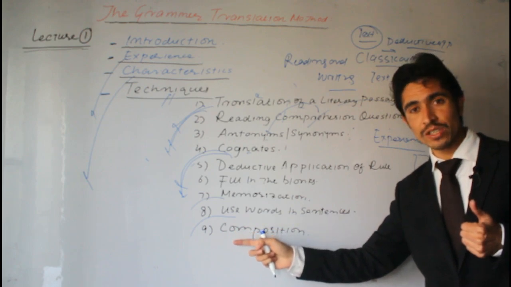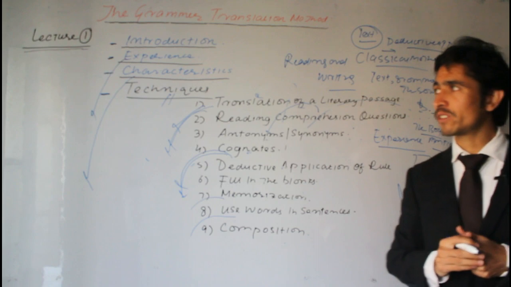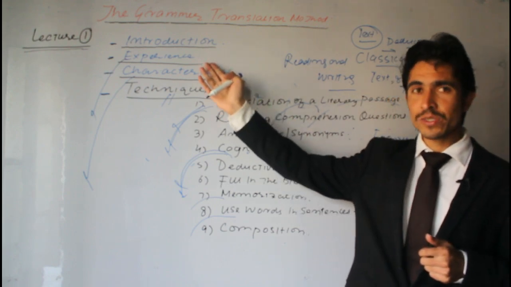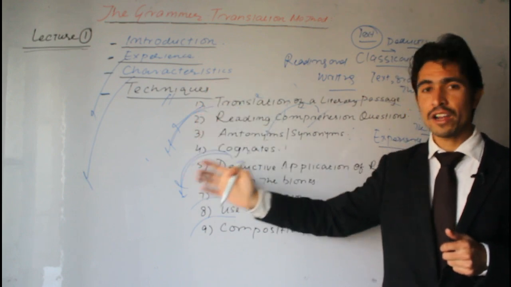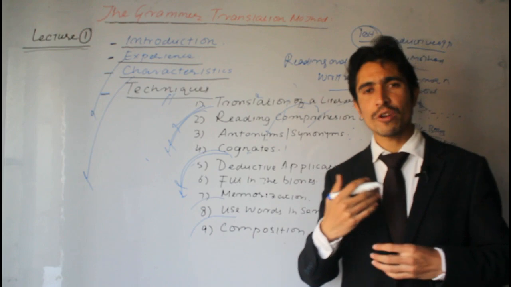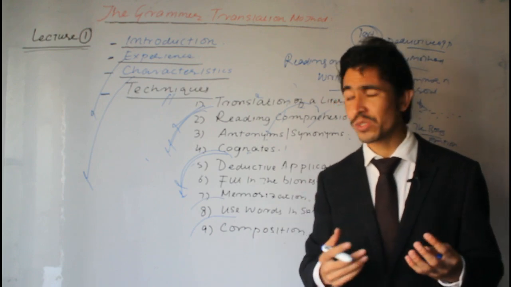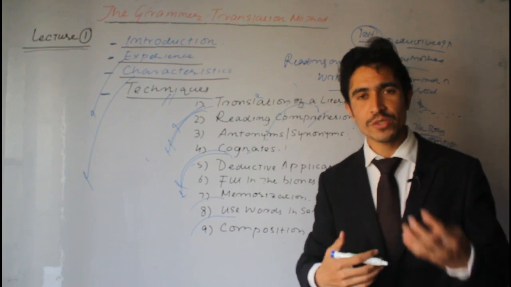Then the last one is composition. So these are the techniques we have discussed, the experience, then the characteristics and the techniques of this method. Although there are many advantages and disadvantages of this method, I hope you understood.